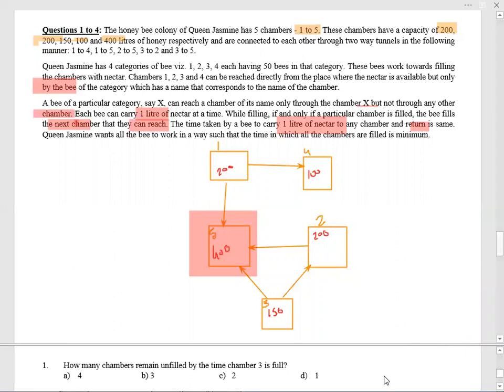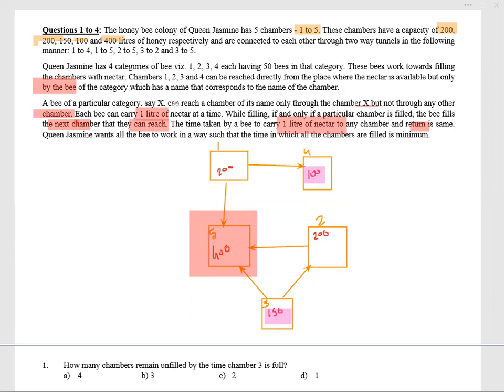First of all, I can see chamber 3 takes how much? 150 unit times. And by that time, chamber 4 is definitely filled. 2 is not, 1 is not, 5 can't be. Not only that, when 150 is filled, only 50 left.